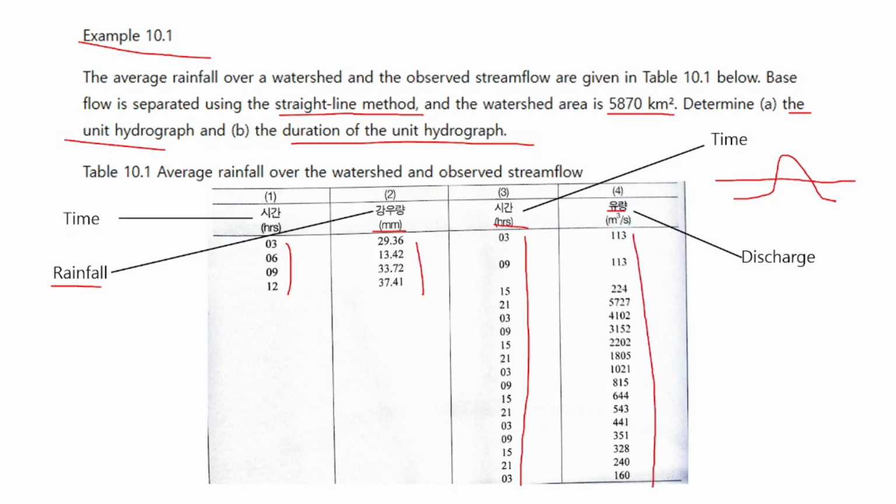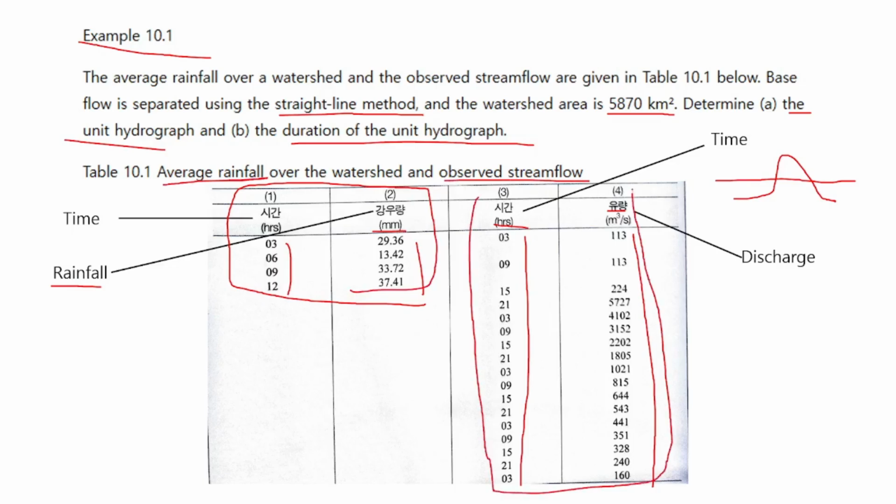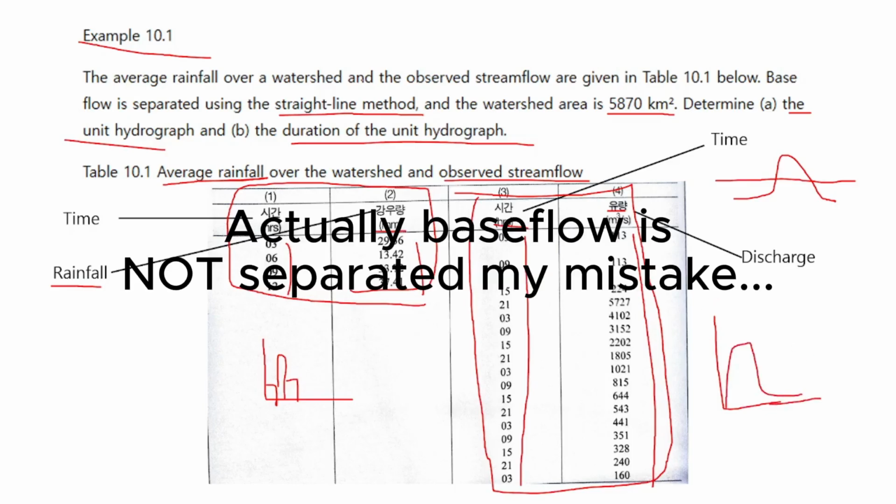Basically we have the average rainfall and the observed stream flow. So we have the rainfall hydrograph and the discharge hydrograph. And since the base flow is already separated, this is the direct runoff hydrograph.